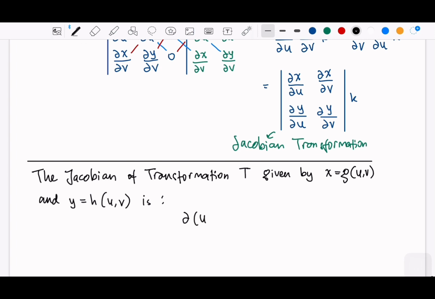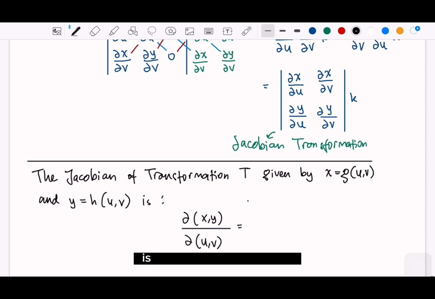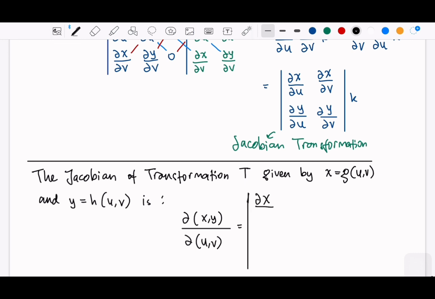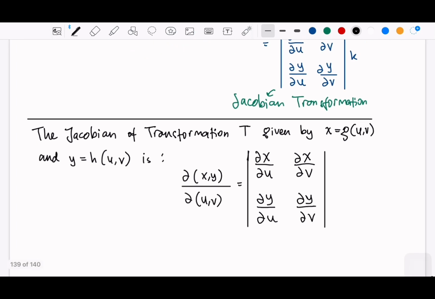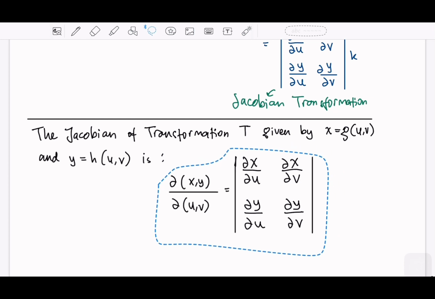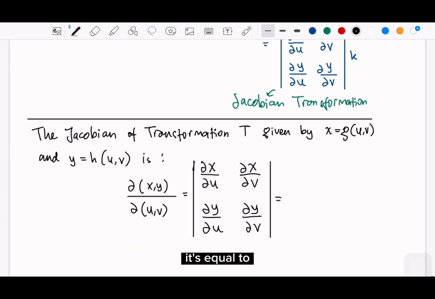So this will be ∂(x, y) over ∂(u, v), which is equal to the determinant.